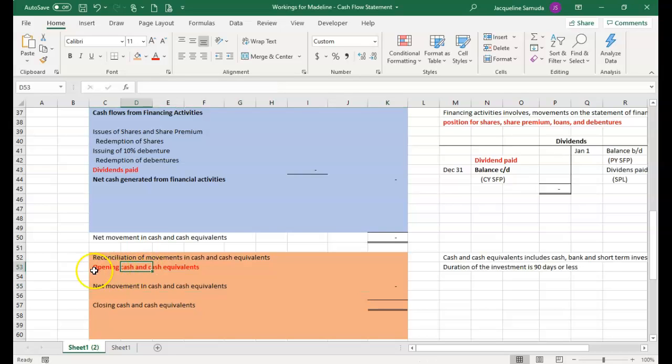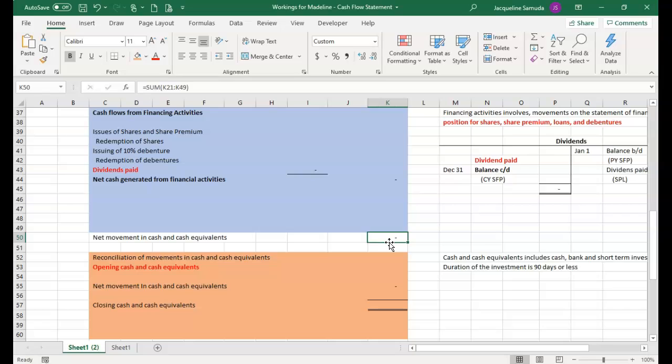If you remember from class, we started this whole worksheet by computing the opening cash and cash equivalents, computing the closing cash and cash equivalents, and then finding out that the difference between these two figures would be caused by the net movement in cash and cash equivalents. And I said to you that one way to make sure that your cash flow statement is correct is to check these two figures. These two figures must be saying the same thing. Okay?